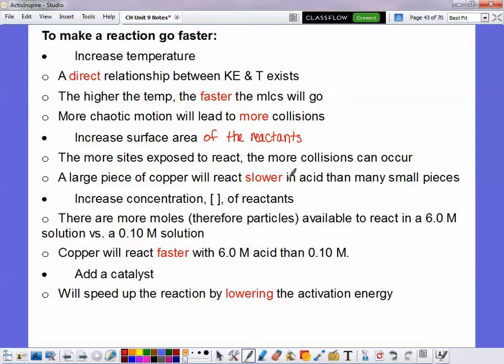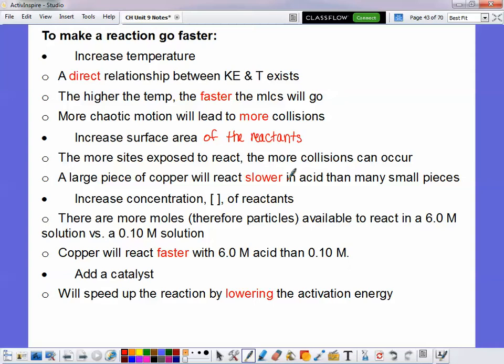And therefore, the reaction is going to occur faster. So an example is a large chunk of copper. It's going to react slower than if we broke it down into smaller pieces. You could also think about it this way. If you take a sugar cube and drop it in water, it's going to take a lot longer to dissolve versus if you crushed it up or granulated it.